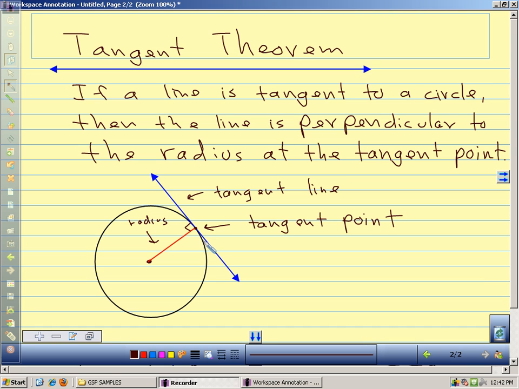It turns out that the converse of the tangent theorem is true also. Do we remember how to make a converse if we have an if-then statement? What do we do to make a converse? Anybody remember?